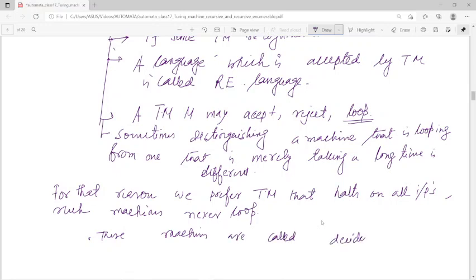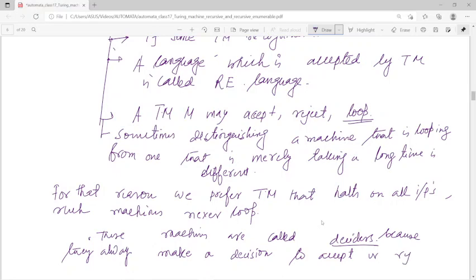That means they either accept or reject, and they will tell us which. Because a decider means they always make a decision to accept or reject.